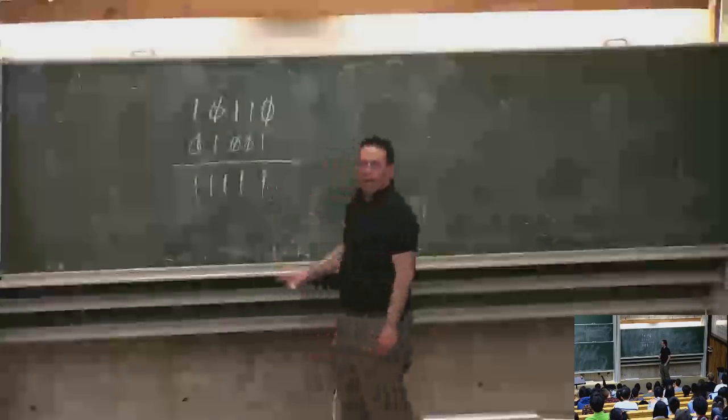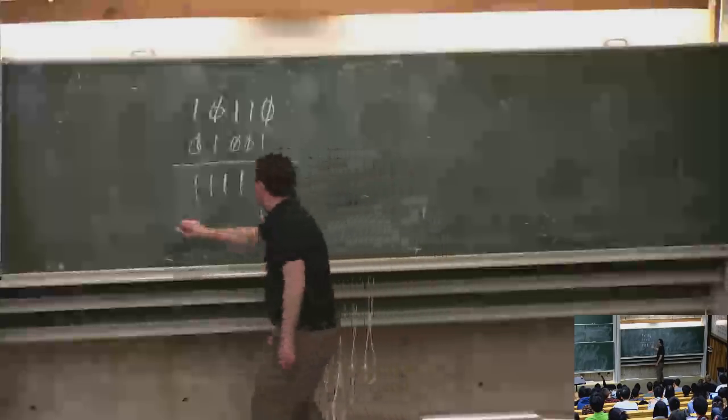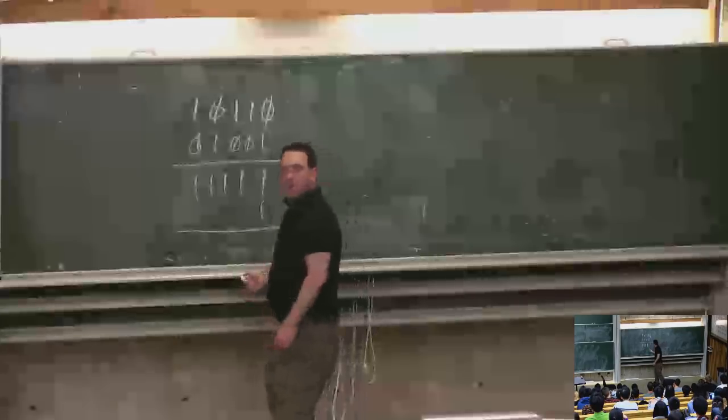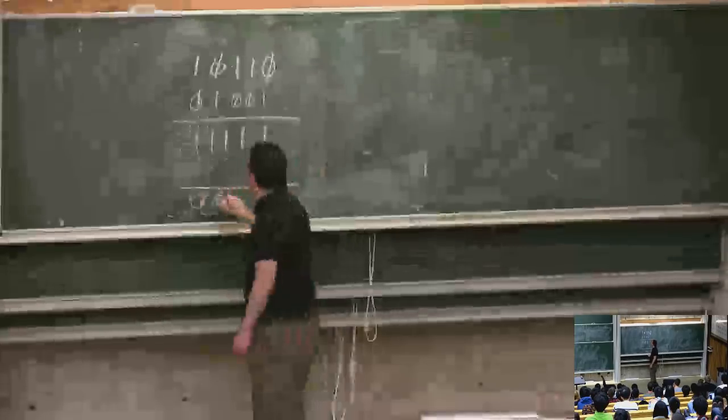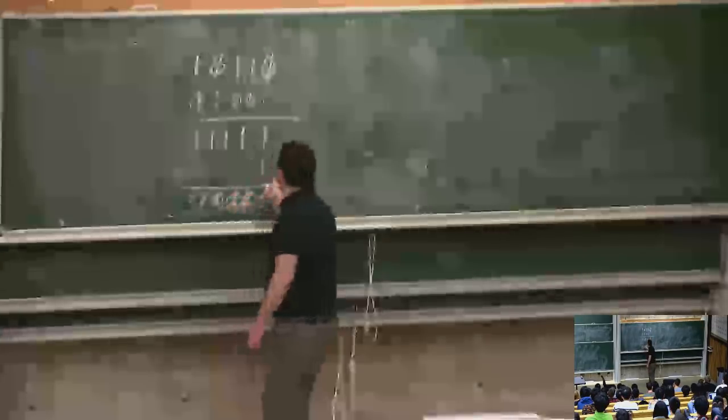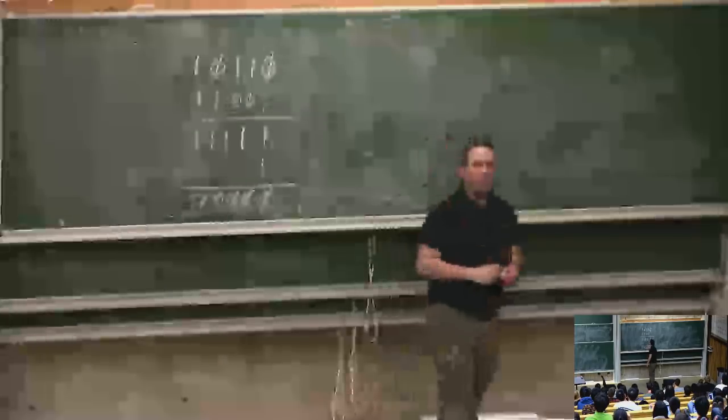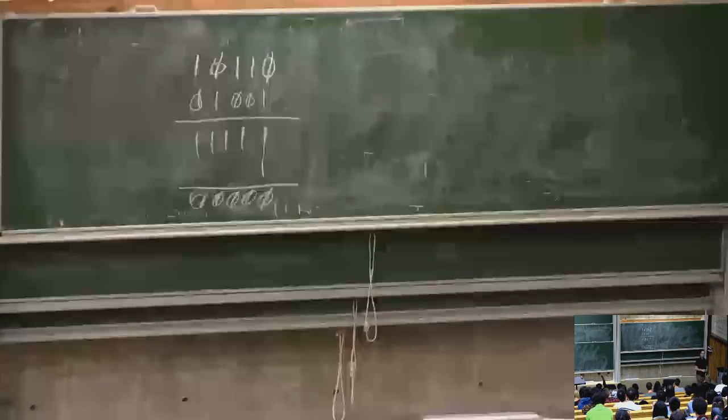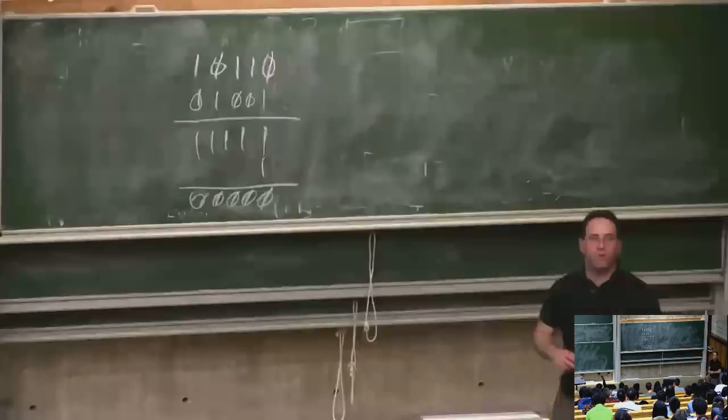What happens if I take these things and I add them together and I add 1? What am I going to get every time? Do you agree? If I take a number and complement it, add the two numbers together and add 1, I get all zeros, right?